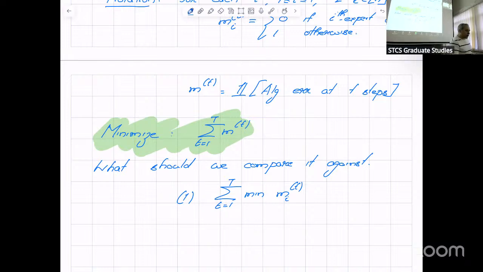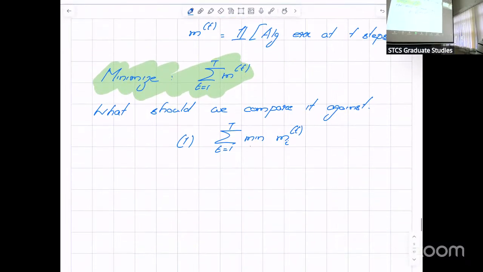This minimum is over i. The other is, for each expert you ask, this is the error that the ith expert makes across the time steps, and you ask what error this particular ith expert makes. Which of the two is smaller?